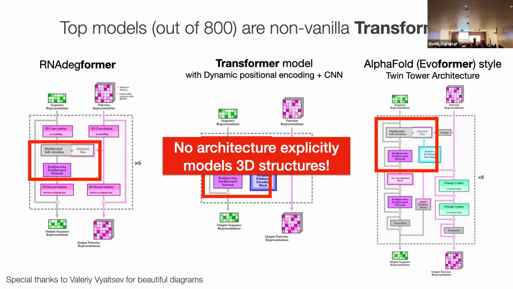I see. And are they all consistently the same, or does each team tweak it a little bit differently? Each team made different choices about when and where to apply convolutional operations, and how they initialized it.